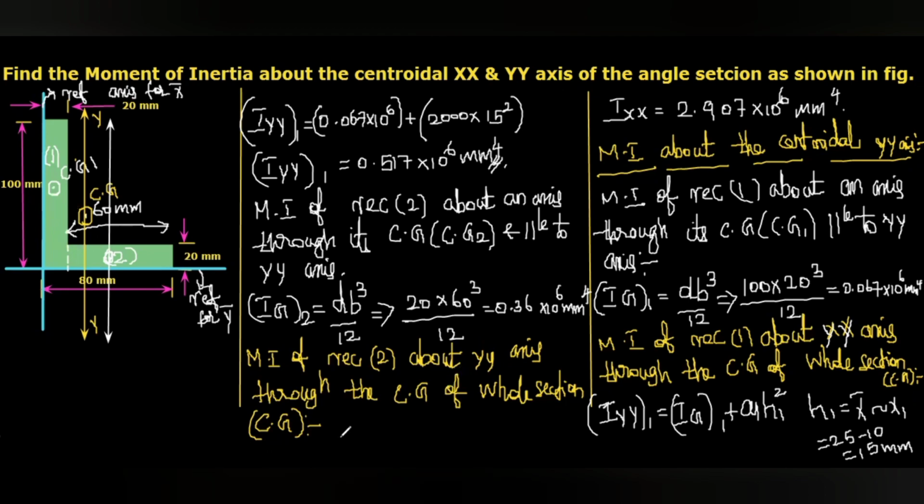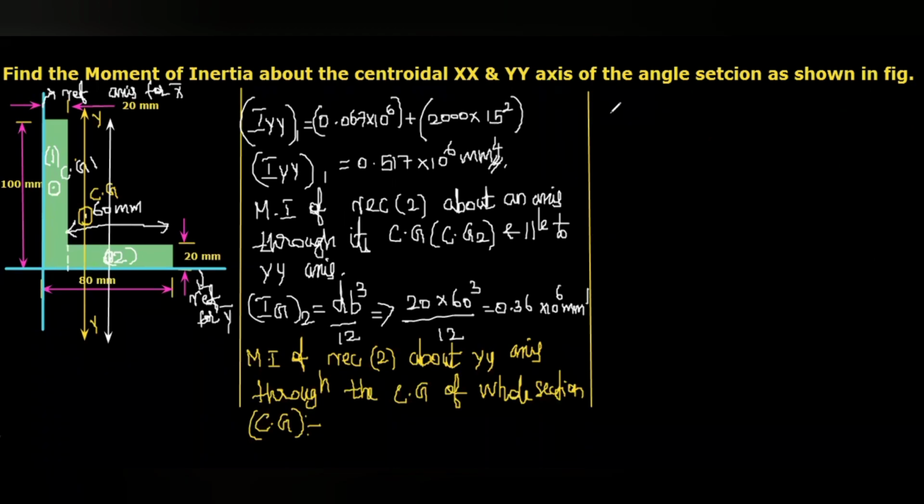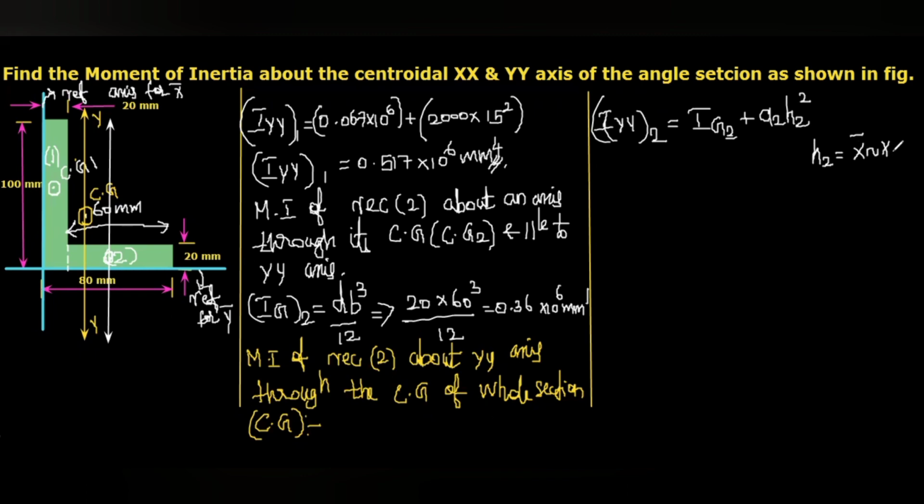So first, the parallel axis theorem: IYY2 equals IG2 plus A2 H2 square. Here H2 is the difference of X bar and X2, that is 50 minus 25, equal to 25 mm.